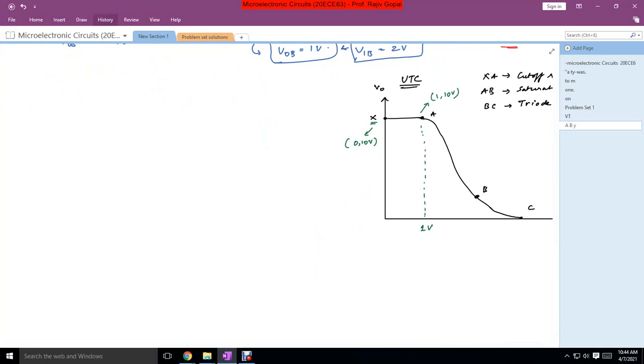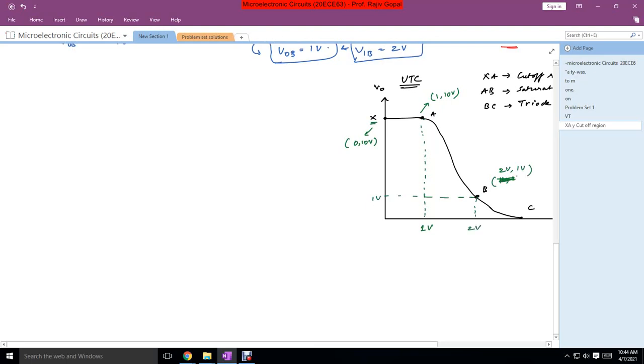So this one is 2 volts comma 1 volt. The x-axis is 1 volt here, and this is 2 volts.